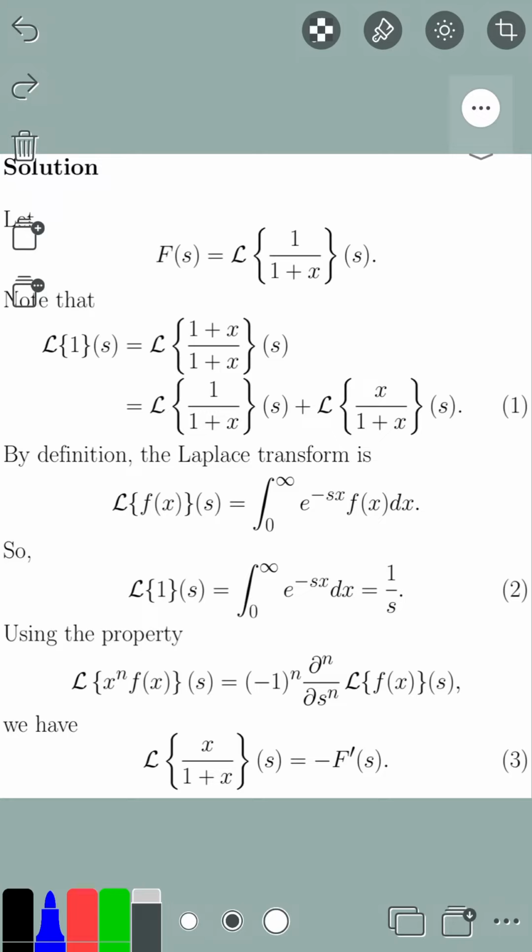Laplace transform of 1 is easy to find, and you can write the Laplace transform of 1 as the Laplace transform of (1 plus x) over (1 plus x).